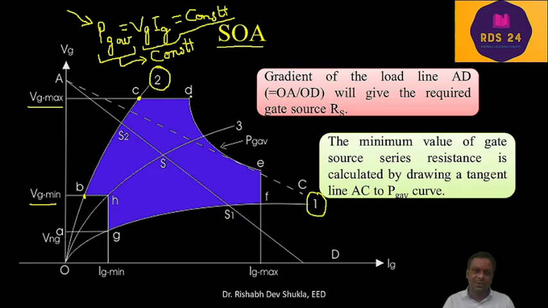If we draw the characteristic of PG average, it will be like this. This is our rectangular hyperbola, and this is our Vg into Ig equal to constant.